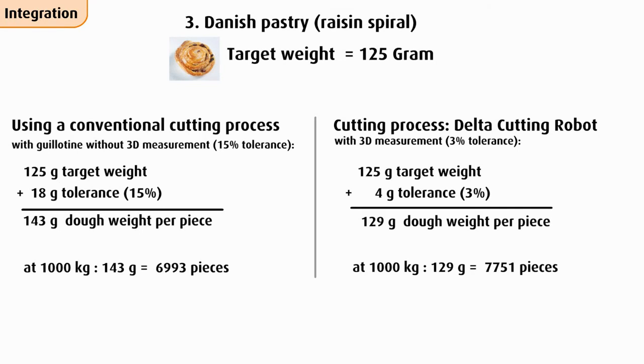The difference amounts to 758 raisin spiral buns, which means that with 3D measurement, 758 more raisin spiral buns can be made from the same original amount of dough.